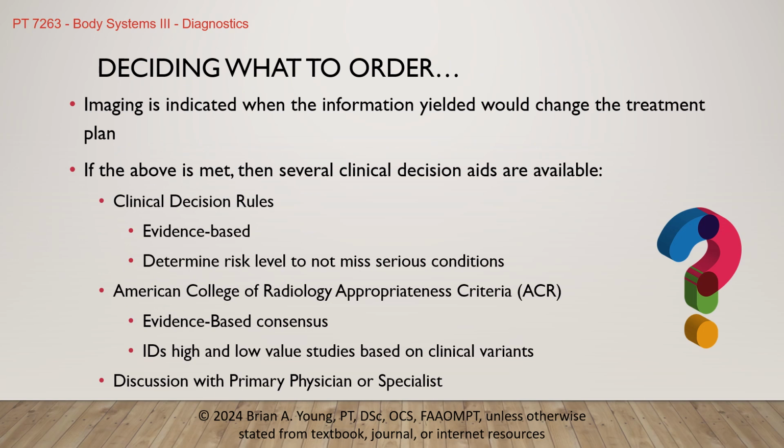So again, imaging is indicated when the information that it would yield in a positive finding will change the treatment plan. And that's an important component to remember here. So we don't just do imaging to see what's going on. We often hear that patients come to us with back pain, no leg symptoms whatsoever.